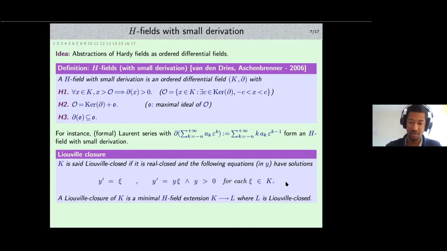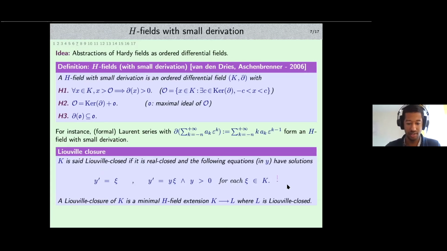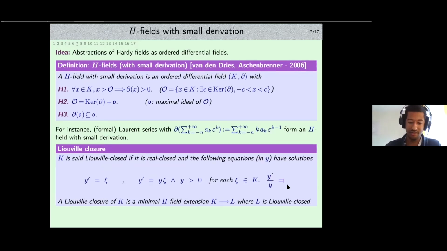So this equation here is the same as asking that the logarithmic derivative of y can have value t. So this is a UV closed field, and UV closures are in some sense minimal extensions of H fields which are UV closed.